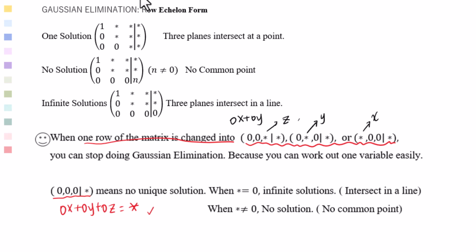So there are infinite solutions to the system of equations. The three planes intersect in a line. When star is not equal to 0, this equation is always false. No solution to this system of equations. The three planes have no common point.